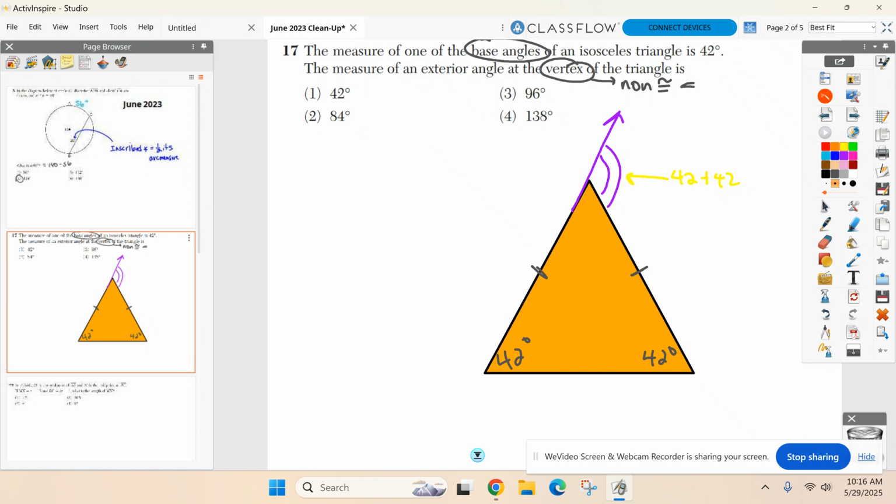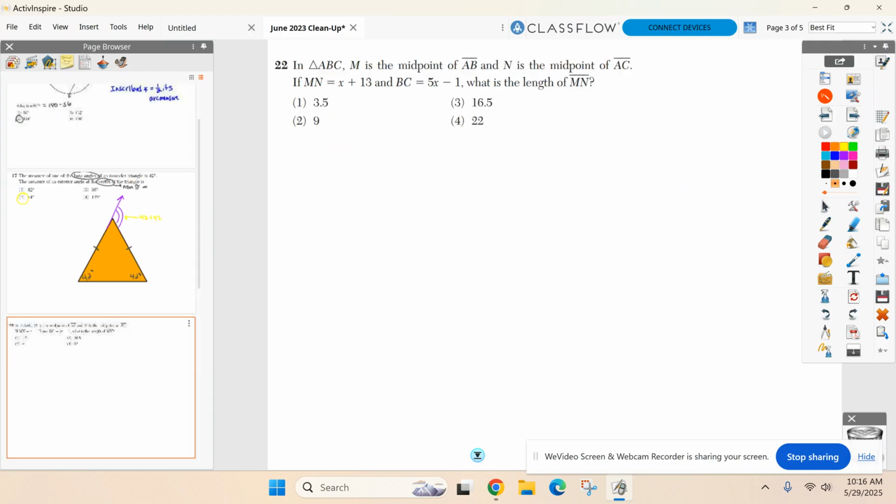Exterior equals the sum of the two remote interiors. All right, so just going over some facts that we have not gone over in a while. Anything else there? Okay, next one. 22.